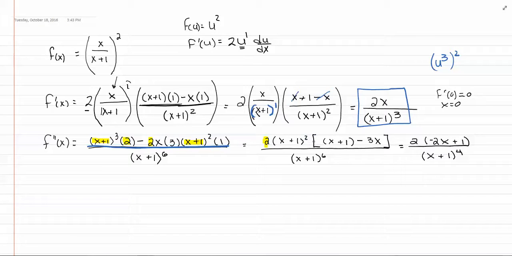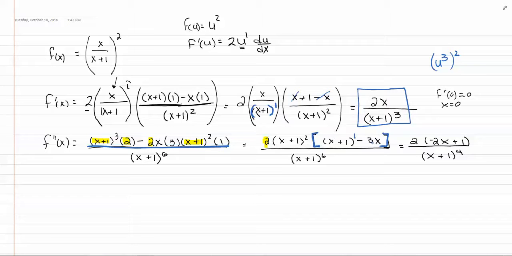And then I have what's left over. So I took out a 2 from the first one and an (x plus 1) to the 2 power, so that left me with an (x plus 1) to the 1 power for the first term. If I took out the 2 and the (x plus 1) squared, that left me with a 3 and an x with a negative in front.